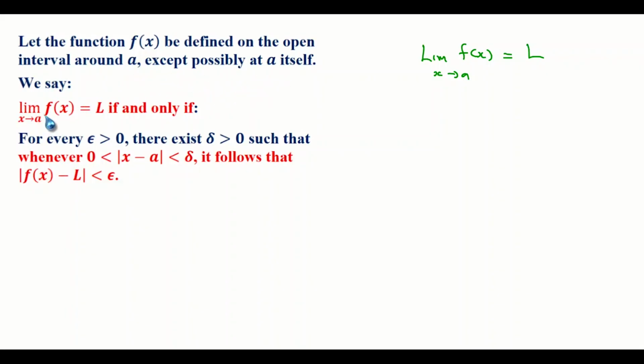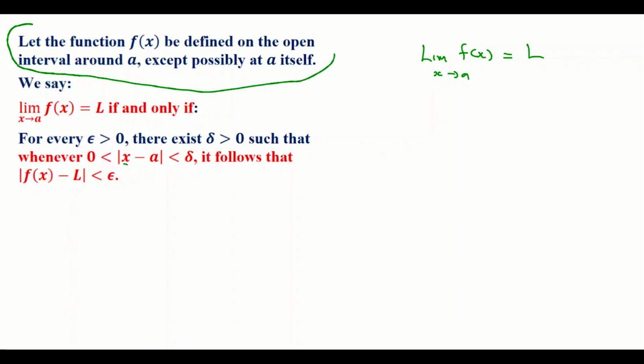We say that the limit as x approaches a of f of x is equal to L if and only if for every epsilon greater than 0, there exists delta greater than 0, such that whenever 0 < |x - a| < delta, it follows that |f(x) - L| < epsilon. I'm sure that you already understand these parts.